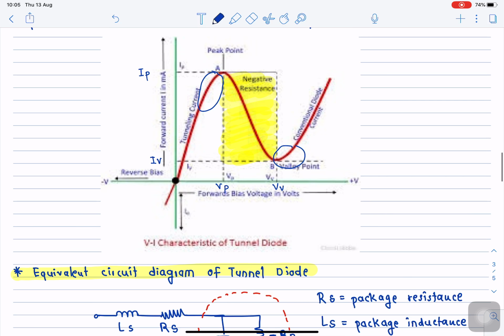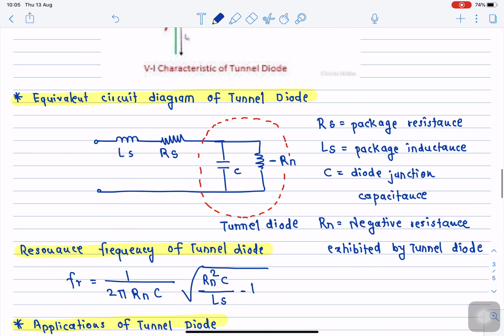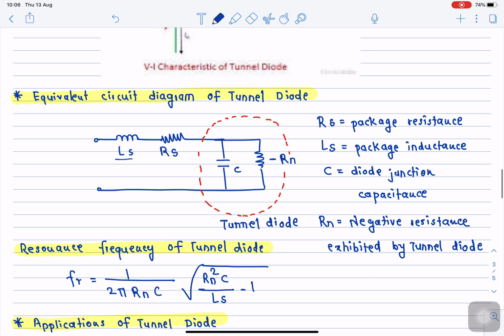The equivalent diagram of the tunnel diode looks somewhat like this. We have the resistance and the inductance offered by the package itself, denoted here with Ls and Rs. They represent the resistance and lead inductance offered because of the packaging of the diode. The important part is highlighted with the red dotted circle, where a capacitor and a negative resistance are shown in parallel combination.